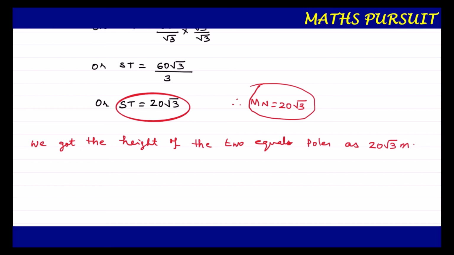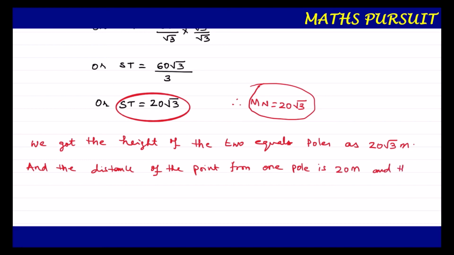And the distance of the point from one pole is 20 meter, and the distance from the other pole is 60 meter.